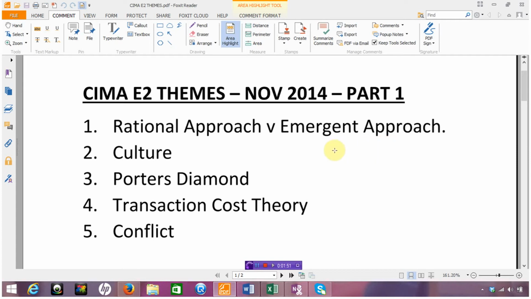You've got to be familiar with Johnson and Scholes for the rational approach and their key steps on that ACI model, and with the emergent approach, the key definition: strategy being crafted over time and being the result of planned and unplanned strategies. Some planned strategies will remain unrealized.